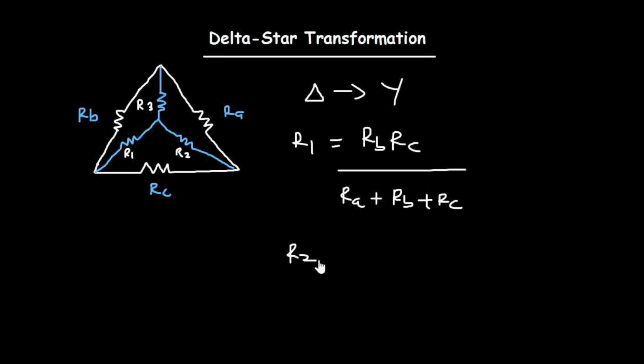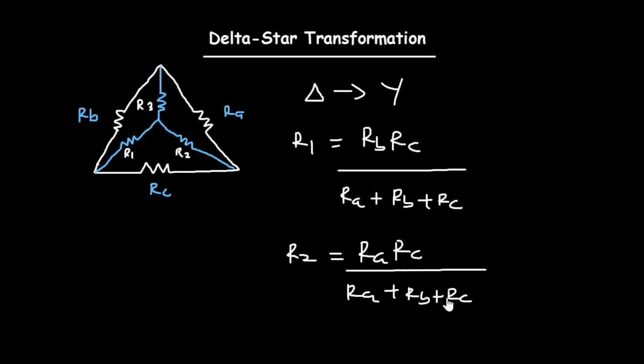Do the same for R2. R2 will be equal to the product of the resistors on the left and the right side, which will be RA and RC. So RA multiplied by RC, divided by the sum RA plus RB plus RC.